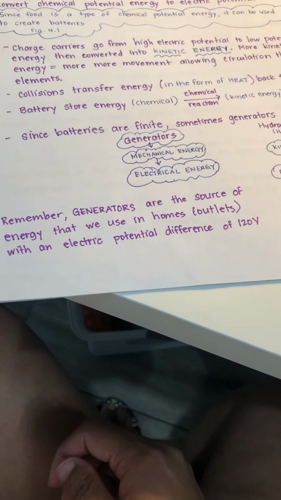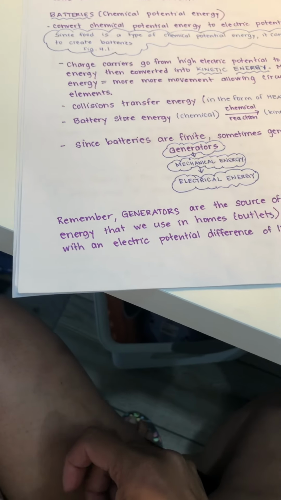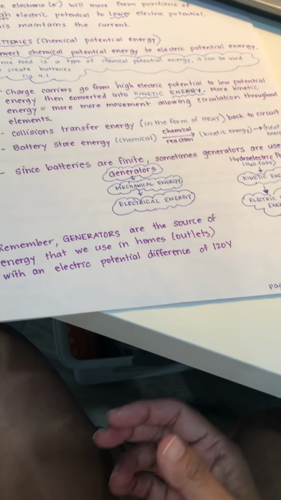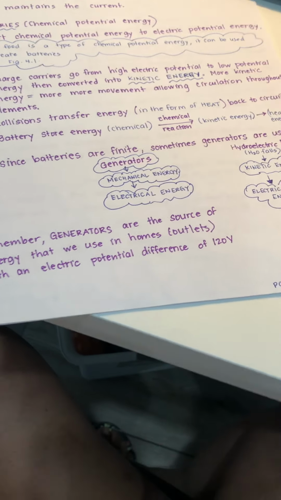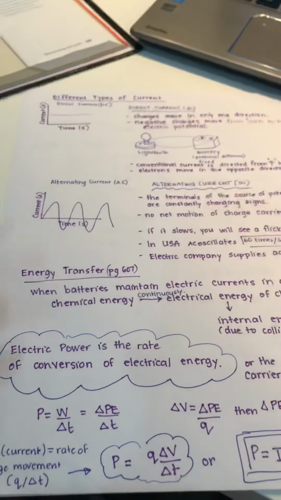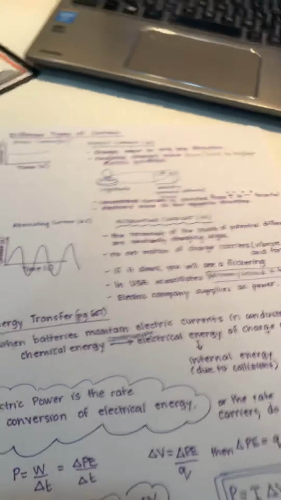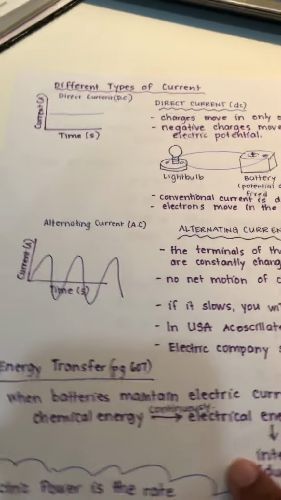Our outlets are basically from the electric company, but they are generators, and they have a potential difference of 120 volts. You know that because you've seen it everywhere. If you travel over to Europe, it's 220, I believe, and you actually have to do some conversions. Now there are two types of currents.